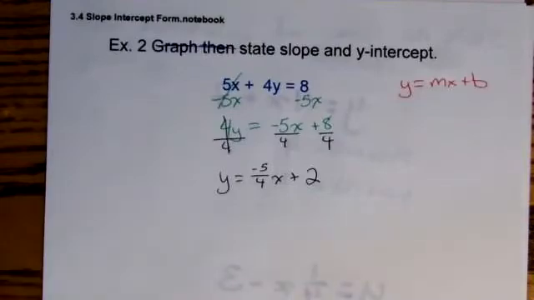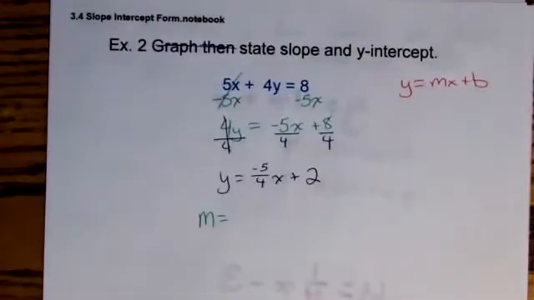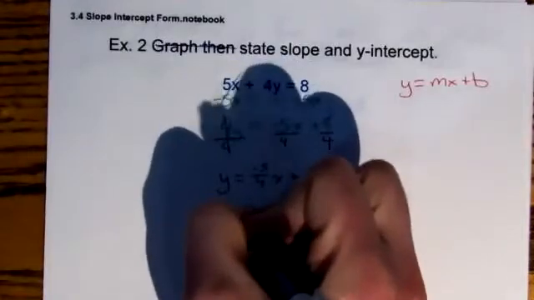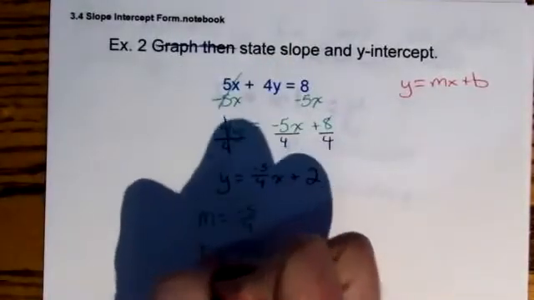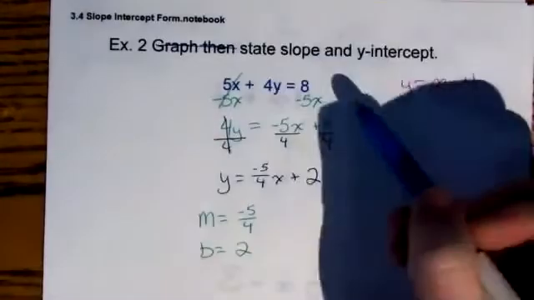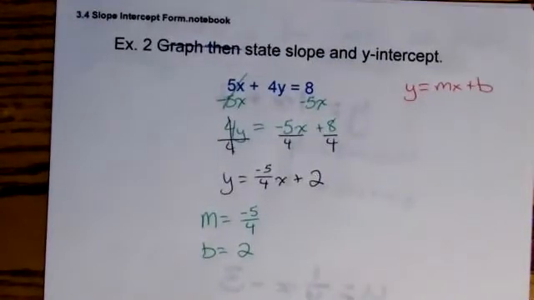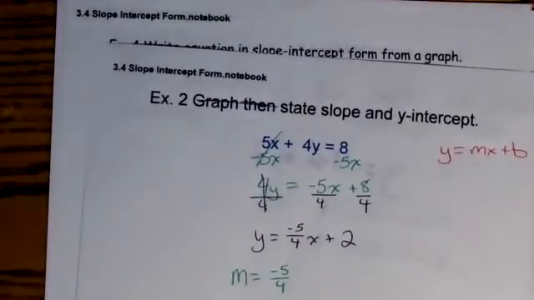Now we need to identify our slope and our y-intercept. Well, our slope, or our m, is -5/4. And our y-intercept, or our b, is +2. So sometimes it's not nice and neat and given to you in slope-intercept form. Sometimes it's in a different form.